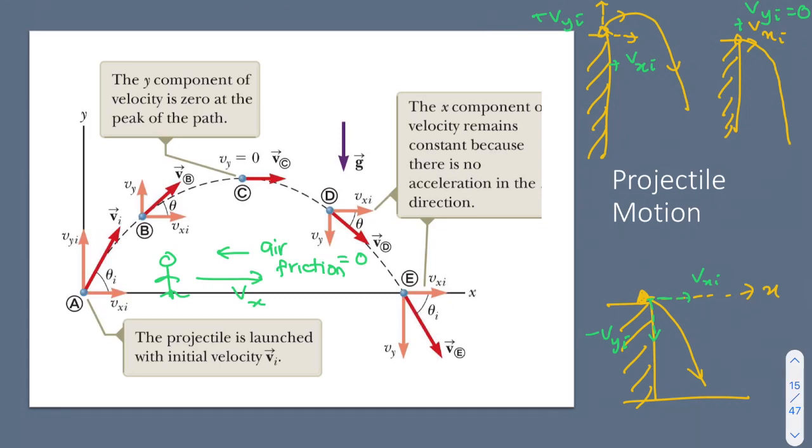And then the second assumption needed is that the y component of the velocity is 0 at the peak of the path. Why is it so? If you see here, the vector Vy is getting smaller compared to this one. When it reaches maximum height, the velocity of the object is in terms of the x component only. There is no Vy at maximum height.